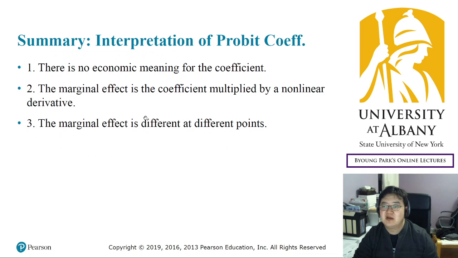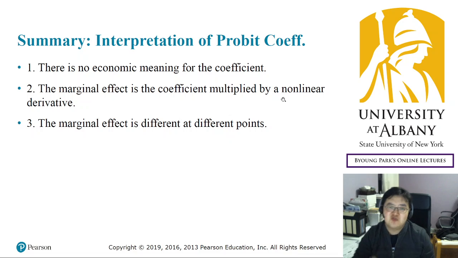And in summary, when you interpret the probit coefficient, first, there is no economic meaning. You may interpret its sign and its statistical significance, but otherwise there is no meaning. Second, the marginal effect is a different, more important, more meaningful measure, and it is calculated as the coefficient times some nonlinear derivative.